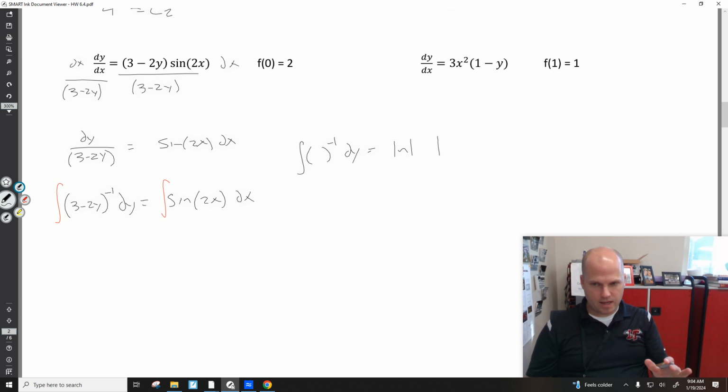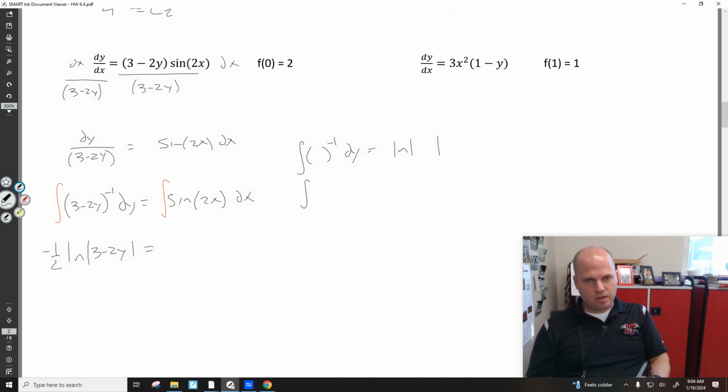Then we have Vegas. Then we have to undo Vegas's derivative. Vegas is what starts in the parentheses, stays in the parentheses. So I'll have log absolute 3 minus 2y. That's Vegas. Vegas's derivative is negative 2. I need to undo that with a negative 1/2.